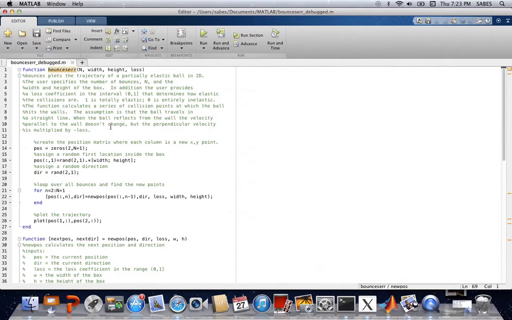So let's take a quick look at the program at this point. We see that we first have the position matrix, and since there are n bounces, and then we also need the initial position, we have n plus 1 points in this position matrix. And by the way, you also understand at this point how important it is to write detailed comments if there are other people who are trying to read your programs, or if you're trying to read someone else's program.